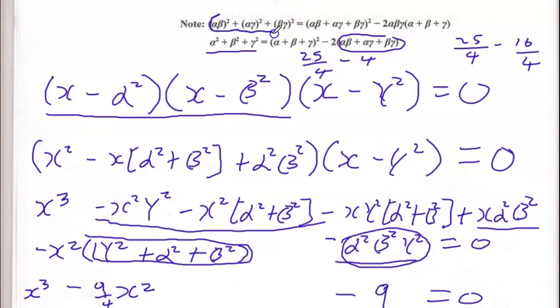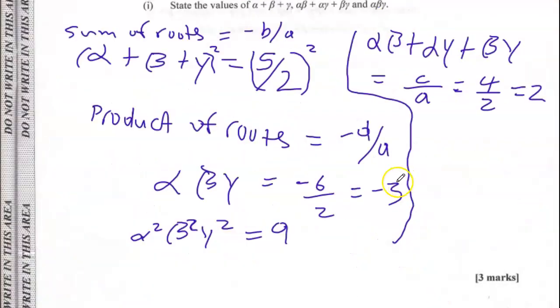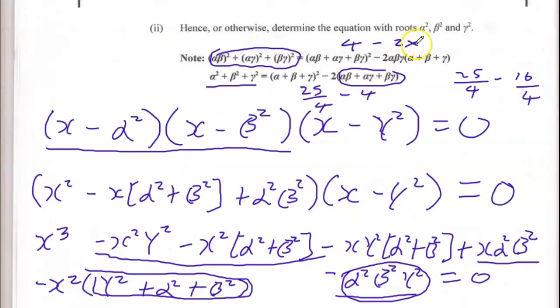Notice we get some help here. So we're told that's equal to, and we have all of those values. That was 2, so 2 square 4. And then 2 times alpha beta gamma, that's minus 2. Alpha beta gamma was what? Minus 3. And the sum, alpha plus beta plus gamma, that was what, 5 over 2?